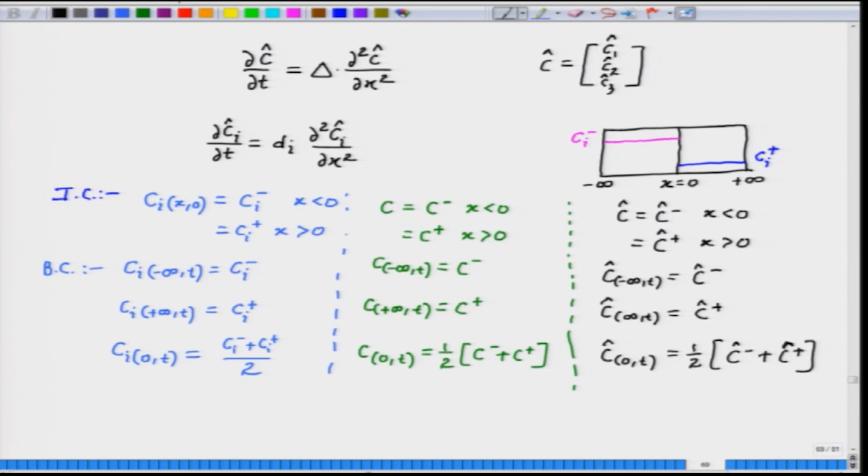So, we have to solve now this diffusion equation, and the initial and boundary conditions are defined by this matrix equation.